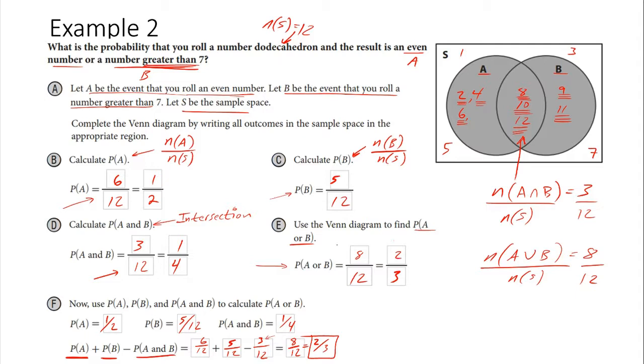Oh yeah, a number that was not just even, but also greater than 7. And if you look, these are the same. So that comes with my rule that the probability of A or B equals the probability of A plus the probability of B minus the probability of A and B. So those are equal to each other. Pretty cool.